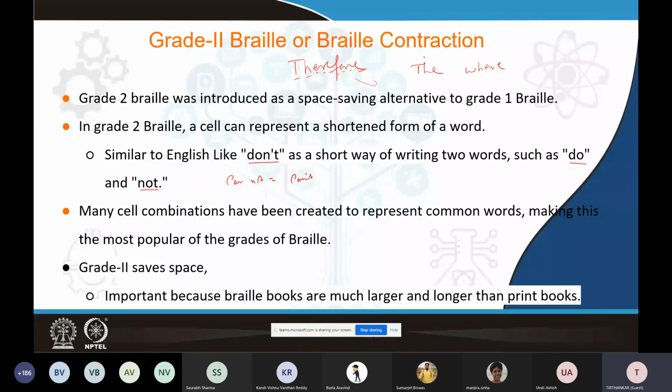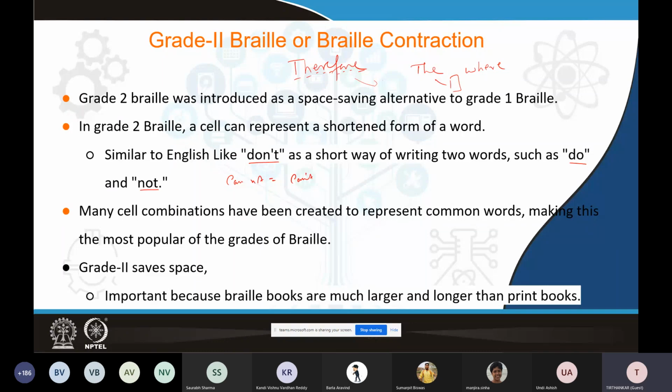Similarly, for the word the, which is the most frequent word in English, among the top 5 or 10 frequent words, can we have a separate single-cell braille representation? If we can have these kinds of contractions, then it becomes very convenient to reduce the size of the braille page and the entire size of the entire book.